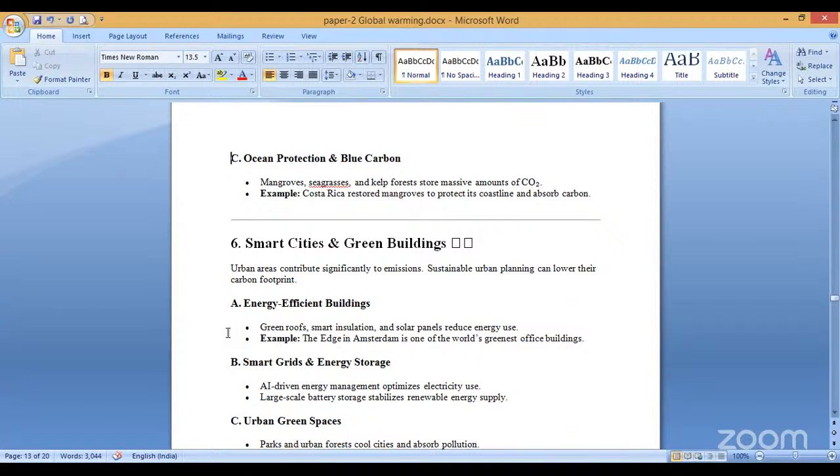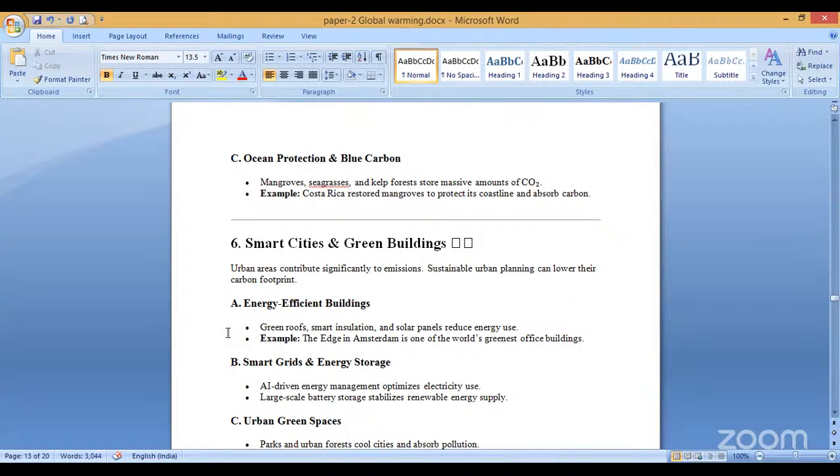Then coming to the sixth point, smart cities and green buildings. Urban areas contribute significantly to emissions, and sustainable urban planning can lower their carbon footprint. Next, energy-efficient buildings: green roofs, smart insulation, and solar panels reduce energy use.